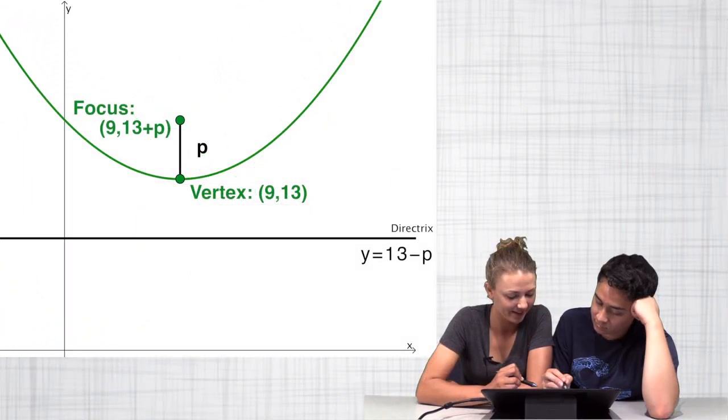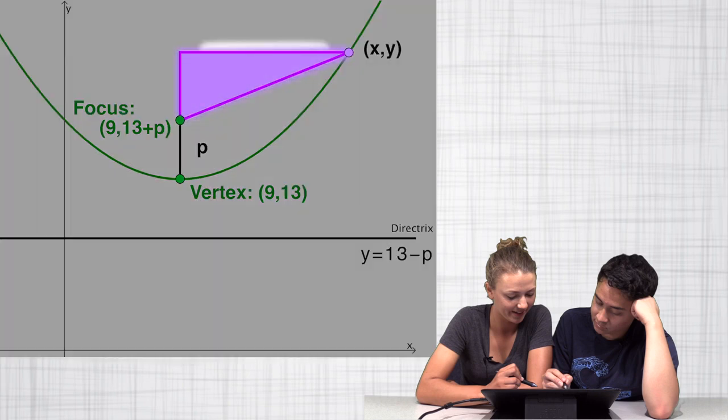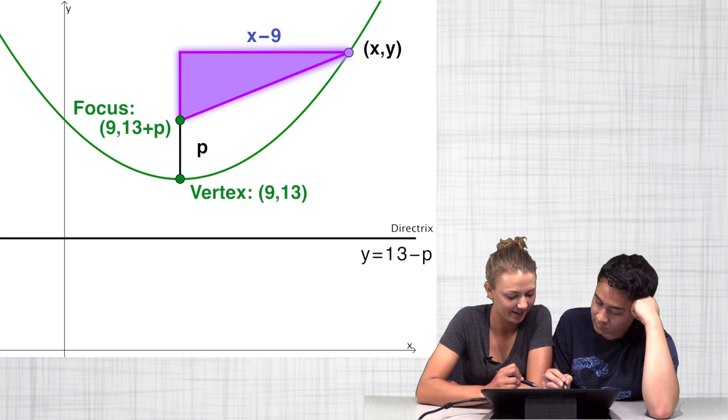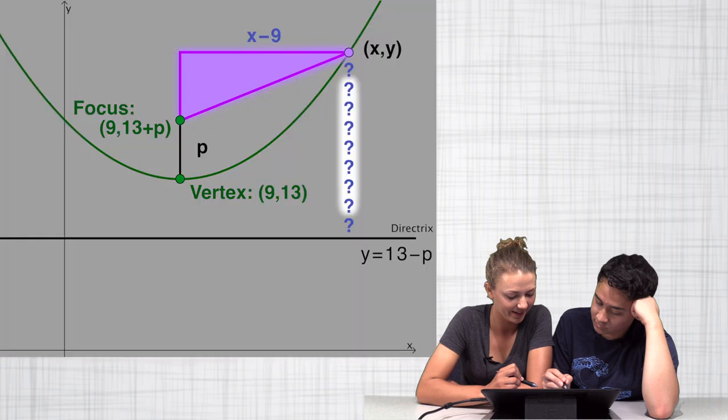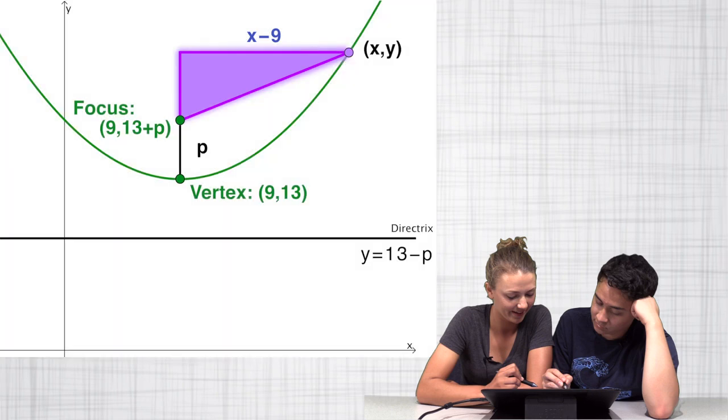Sasha and Keoni first identified a general point, x, y, on the parabola and a right triangle. They quickly found the length of the horizontal side of the triangle as x minus 9. But the distance from the general point to the directrix was more challenging. They reasoned that the distance from the point x, y all the way to the x-axis is y units.